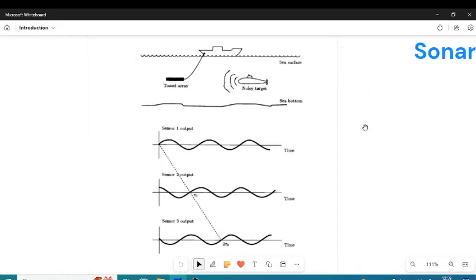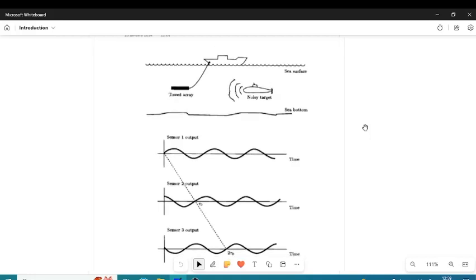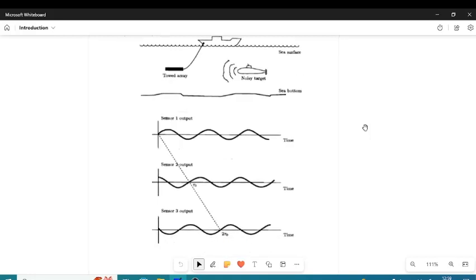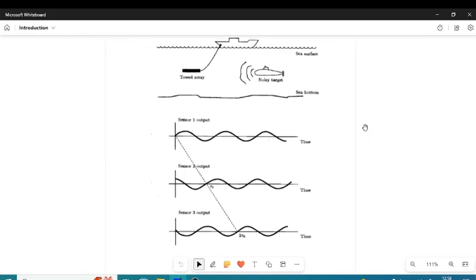So in sonar, the objective is to determine the position of the target. So we have a target here, and we want to find its position. So how to do that?